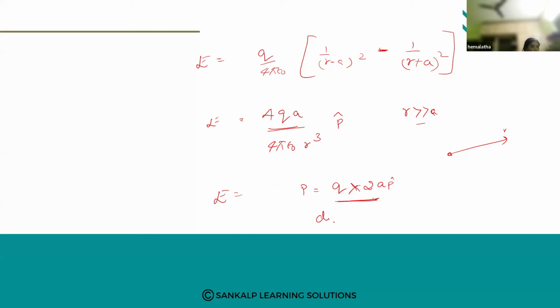So instead of writing q into 2a, if you write p, then E is equal to 2 times p divided by 4 pi epsilon naught into r cube.